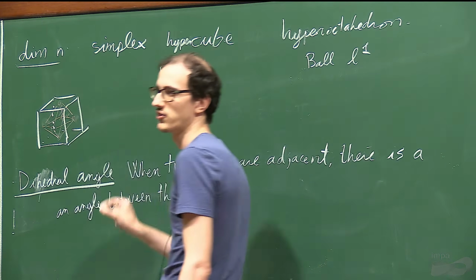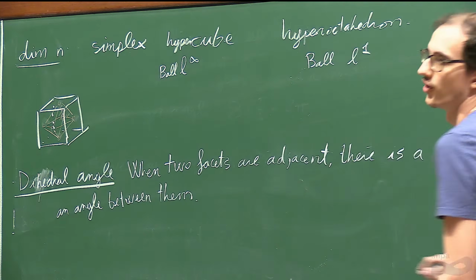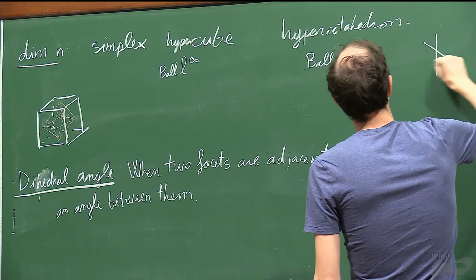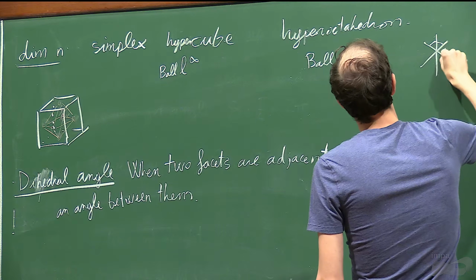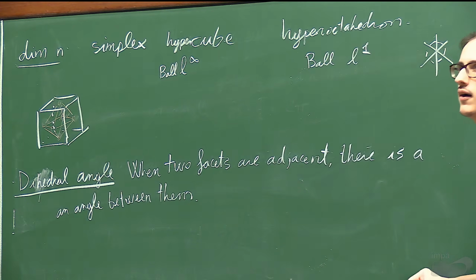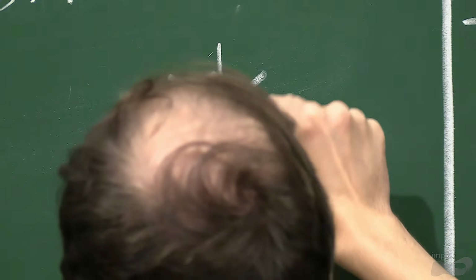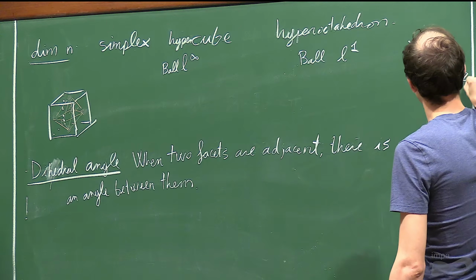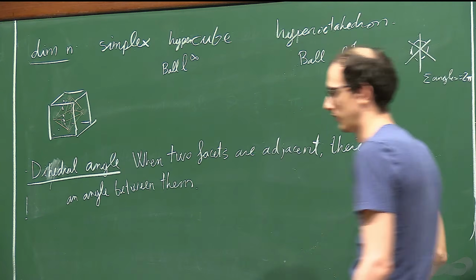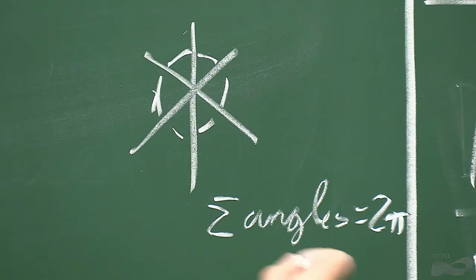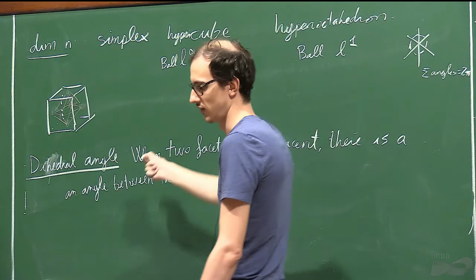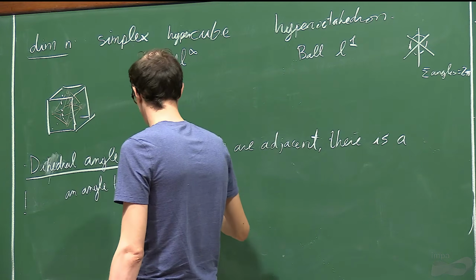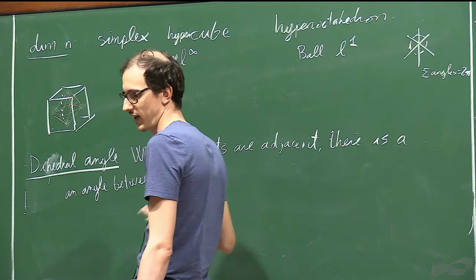And I care about these angles because when we were gluing polytopes before in dimension 2, we needed to be careful that when we glue around a point, the sum of the angles is exactly 2 pi. The translation of this condition in dimension n is going to be to talk about these angles.